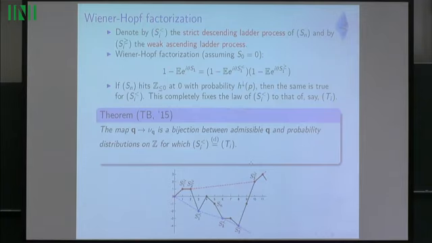And it turns out that this requirement that the descending ladder process, when started at p, hits the negative half integers at 0 with this particular probability, it completely fixes the law of this descending ladder process. So what we have is a bijection between admissible weight sequences Q and laws for random walks on the integers, such that the descending ladder process of the random walk associated to this law is some universal process.